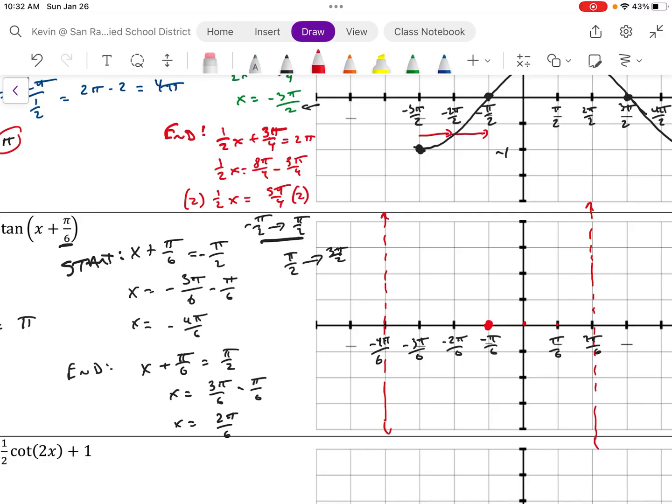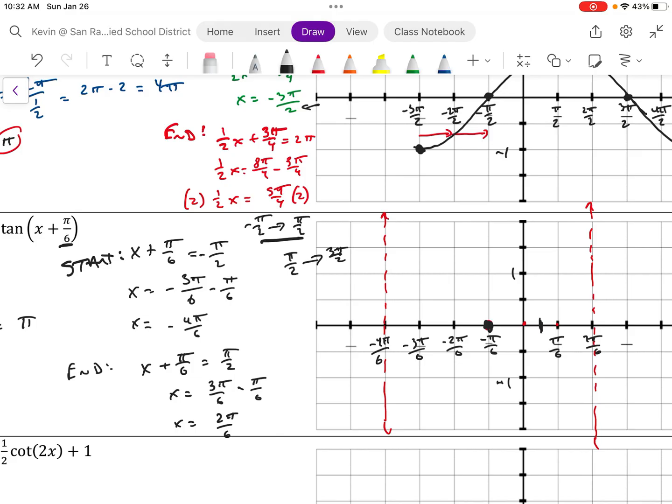Here's the only part that becomes a little bit tricky: our asymptote was 1. This is tangent. So this has come up here, 1 and negative 1. So to know where that is, it's halfway between this midpoint here, where our graph crosses the midline, and our asymptote.